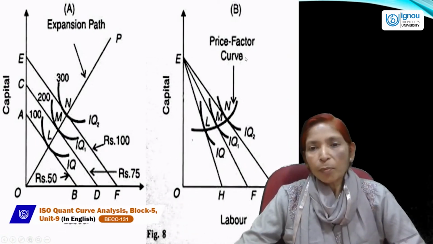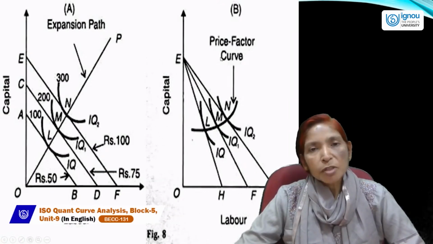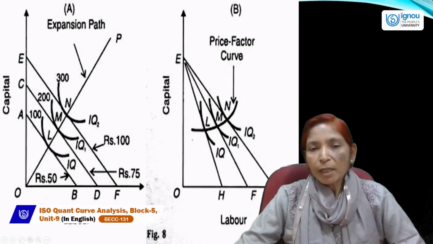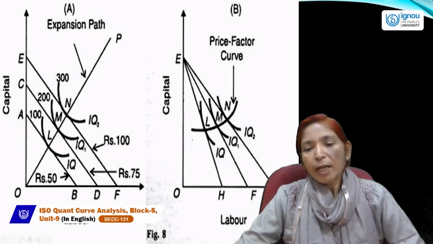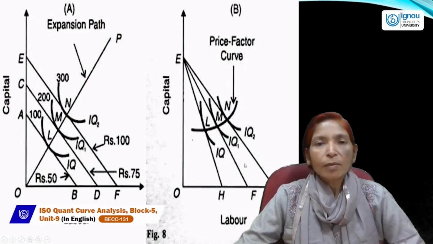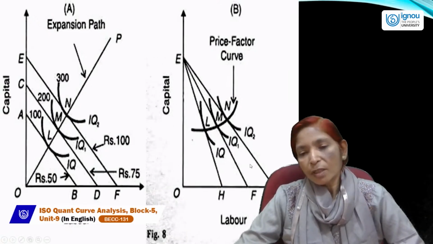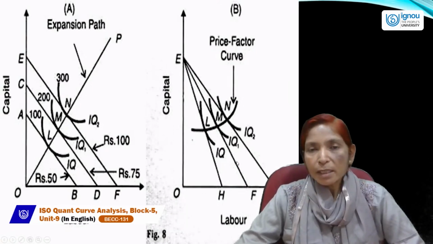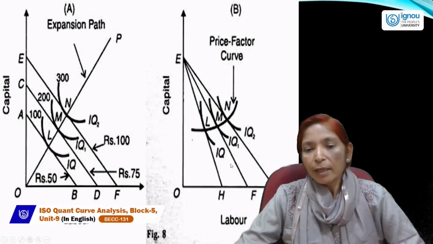And how can we draw the price factor curve? The price factor curve is just the same as the price consumption curve. In that case, we assume that the price of capital remains constant, and only the price of labor varies. If the price of labor falls, we will use more labor. The isocost line will rotate outward, and if the price of labor increases, then the producer will use less labor.